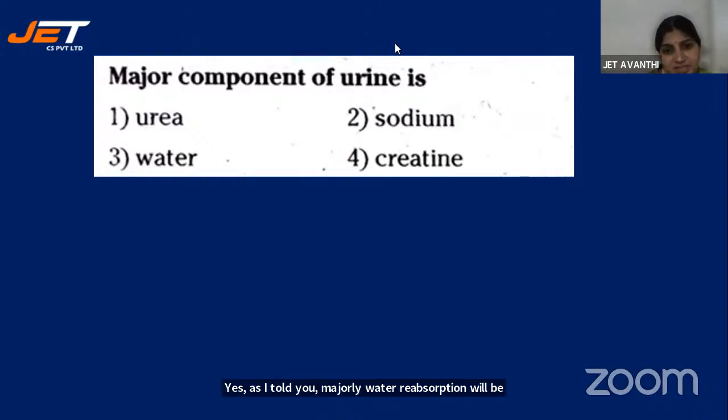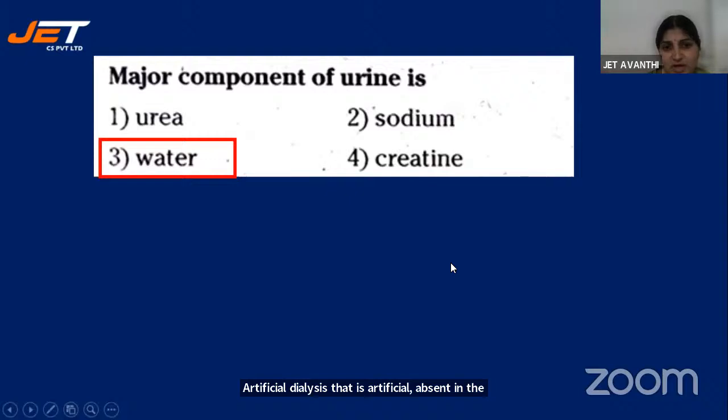So it is water, children. Ashvik, Antonia, Sai Vardhan, Avinash, Sandra, Shiva have given the correct answer. So water will be more reabsorbed. But this mechanism is completely absent in artificial dialysis, that is, the artificial removal of nitrogenous waste.